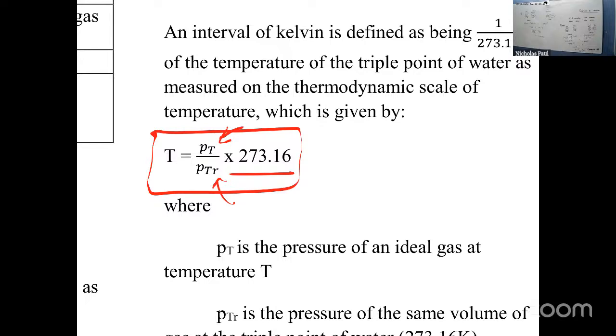Head up thermodynamic scale and write it.